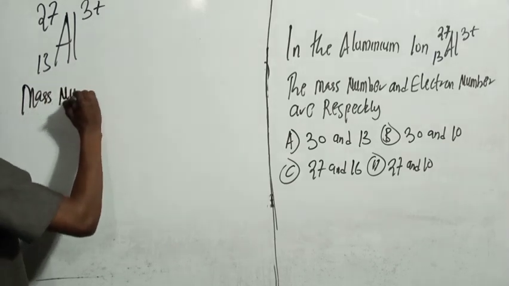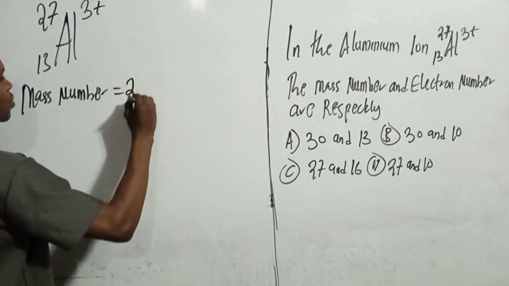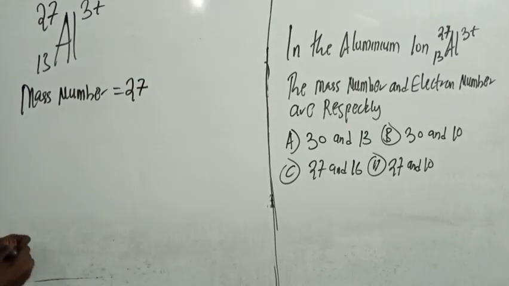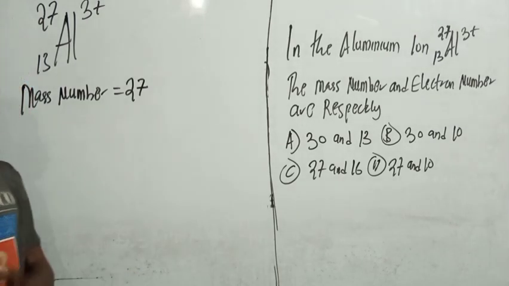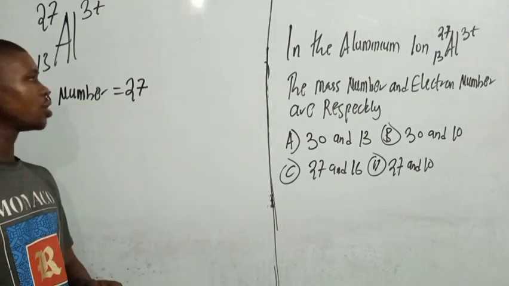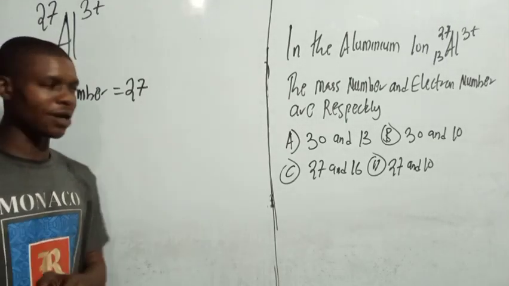The mass number here is the top one, which is 27, right? From here, you can also get my proton number and neutron number, but they didn't ask for those things here. They only ask for the electron number, right?